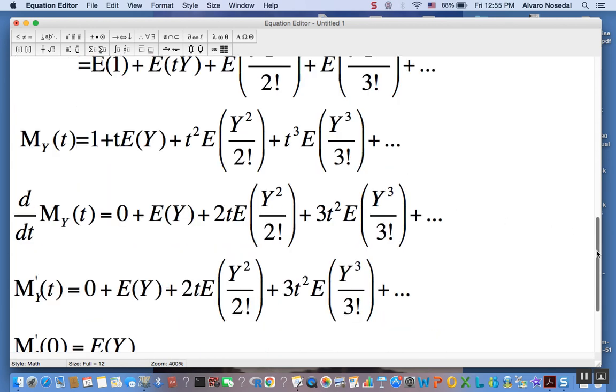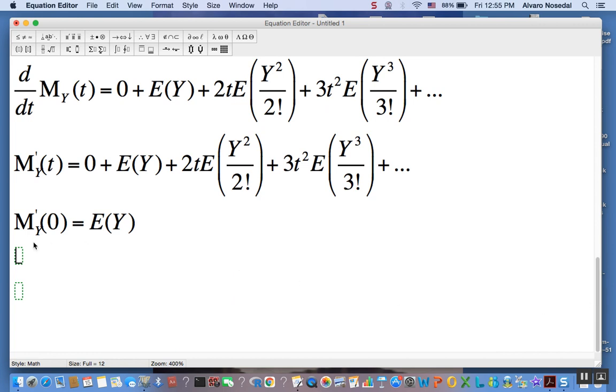Because if you take, for instance, the second derivative with respect to t of the MGF, it turns out that you will get the expected value of y squared. Give it a shot later tonight.